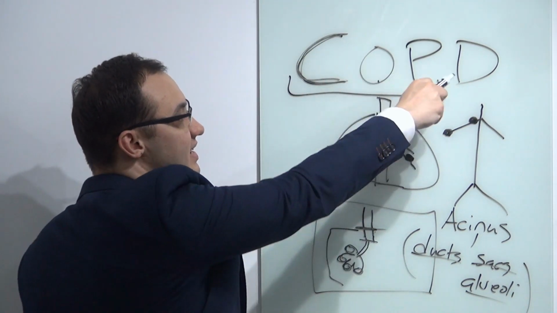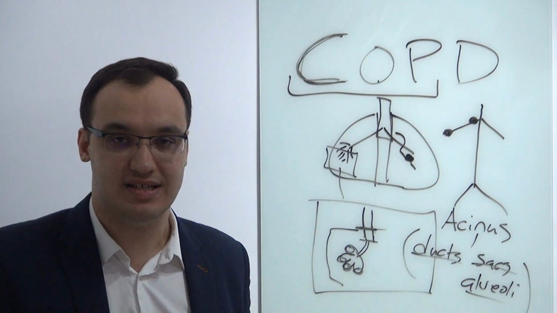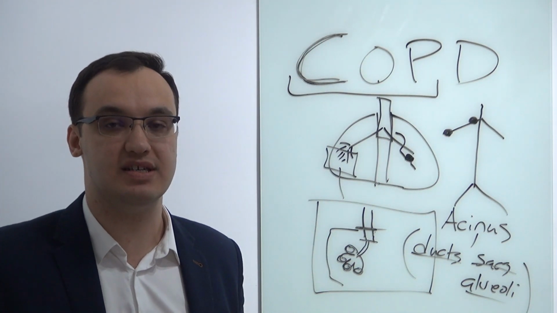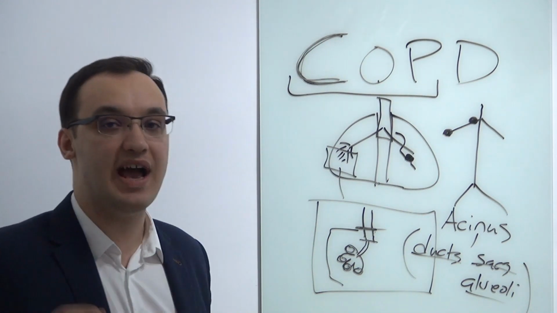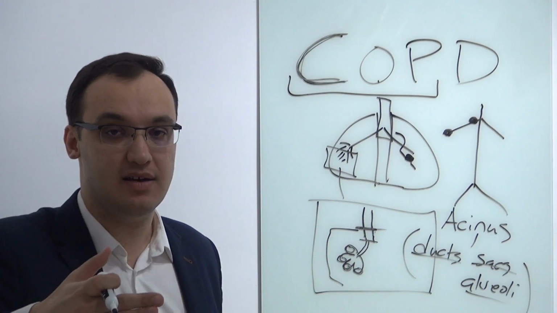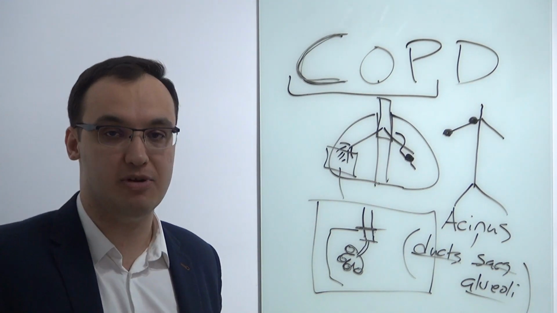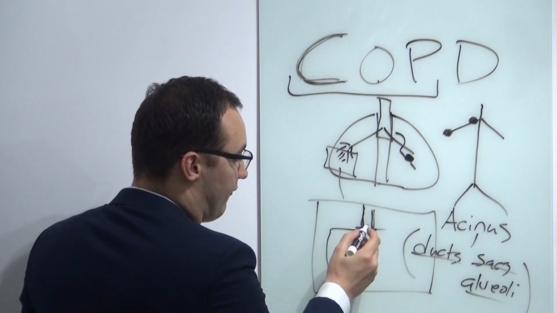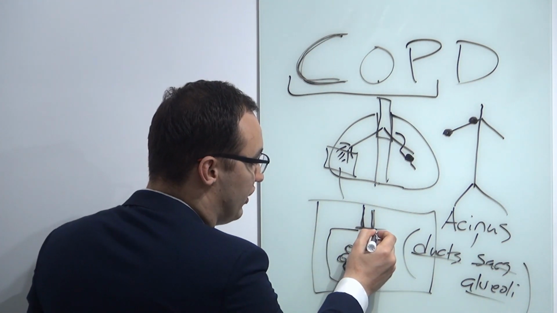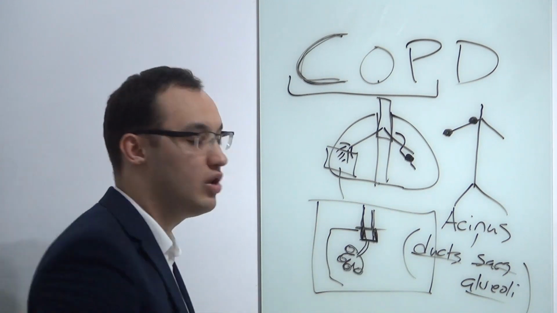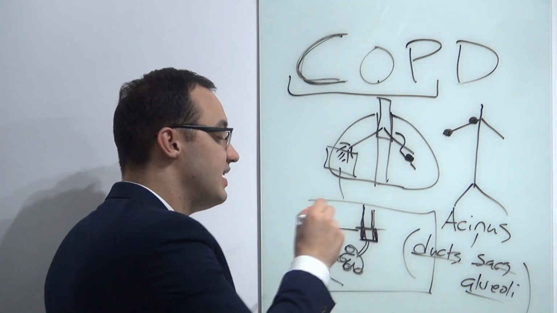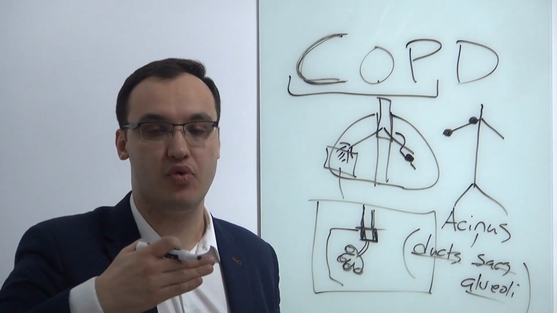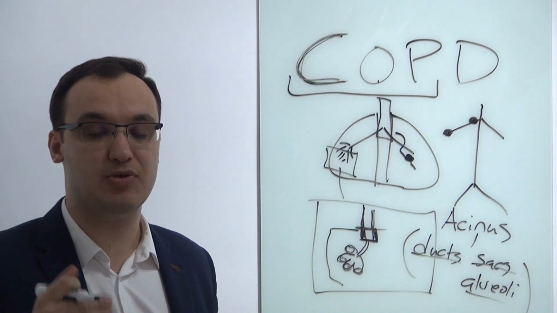So COPD is a small airway disease, not a big airway disease. It's a small airway disease, which is, as we said, distal to the terminal bronchiole. So we have the terminal bronchiole here, and from this part we call it respiratory bronchiole, because this part is involved in the respiration, and therefore it's called respiratory bronchiole.